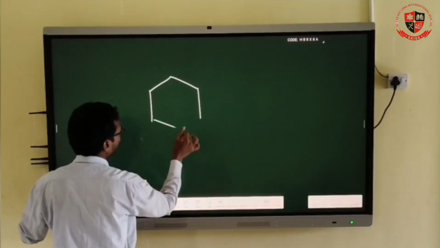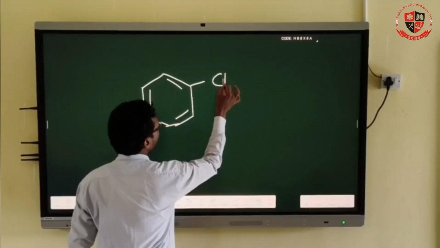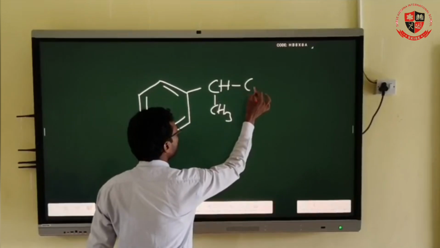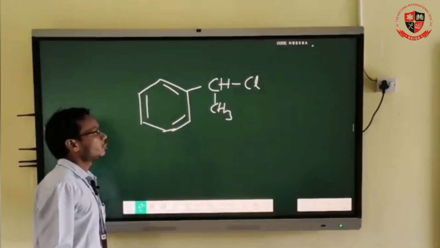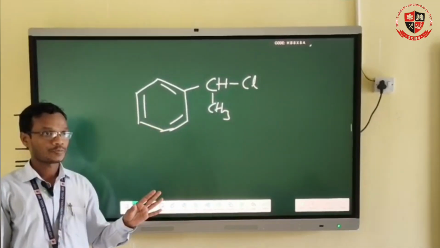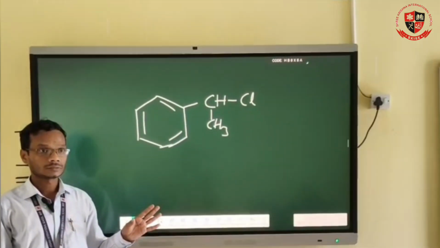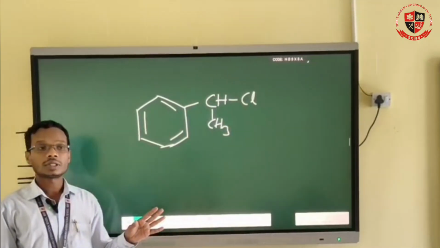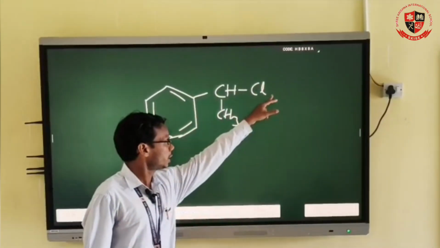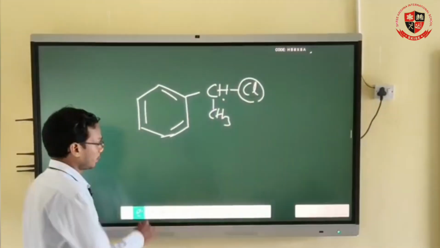This is benzene, I put here CH2 and CH3, and suppose CN. In which group should you take this compound? Can you answer? Try to answer it. Yes, all of you? Benzylic. Why? Here the halogen atom is linked with an sp3 hybridized carbon. So it is benzylic.